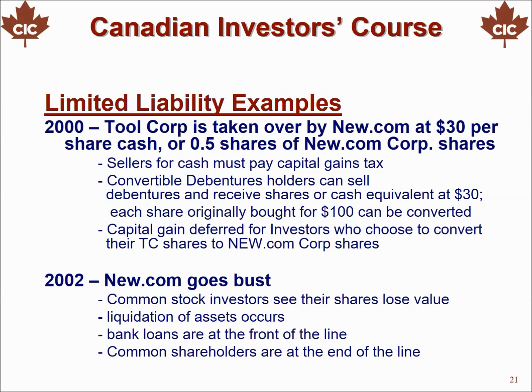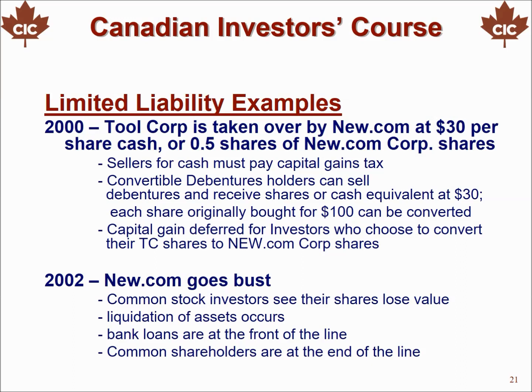Each debenture originally bought for $100 can be converted, and it was very attractive to do so. The capital gain is deferred for investors who choose to convert their TC shares to new.com corporate shares. So if they feel that the future investment is a good investment, they can roll the old shares into the new shares without triggering a deemed disposition.